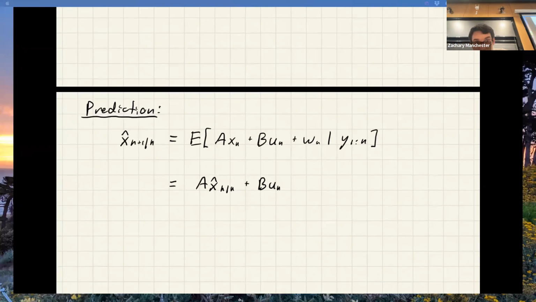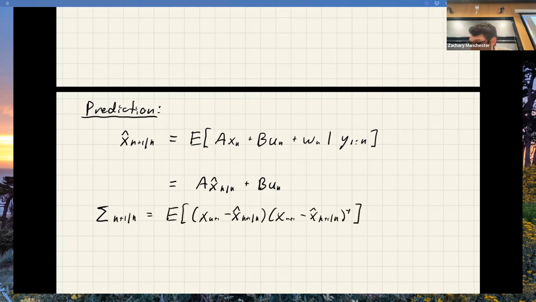And then we also want to update the covariance. So we're going to have the same kind of deal over here, k plus 1 given k. I'm going to compute the same sort of expectation, but now for the covariance version. So I'm just going to plug the dynamics in. From the definition, we've got this. And now I'm going to expand this out by plugging in the dynamics.